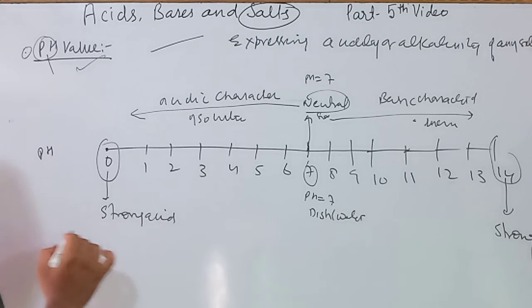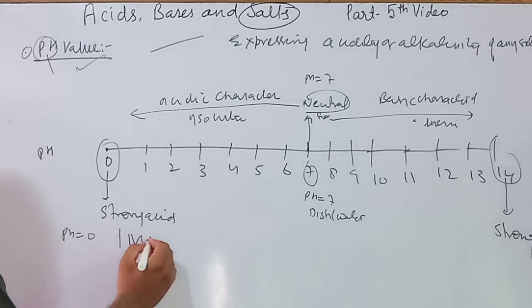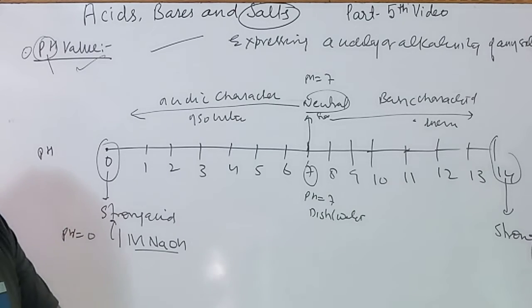If pH is equal to 0, here I am taking 1 mole HCl. If you take this, the pH is equal to 0 and the acid will be a strong acid. The value very close to 0 means strong acid.